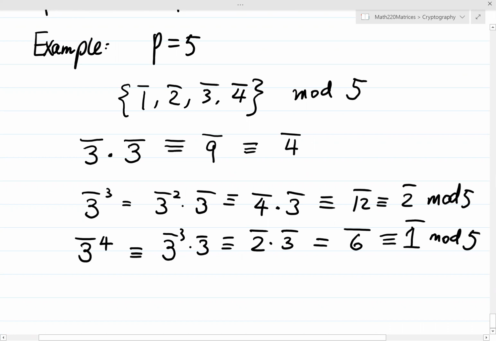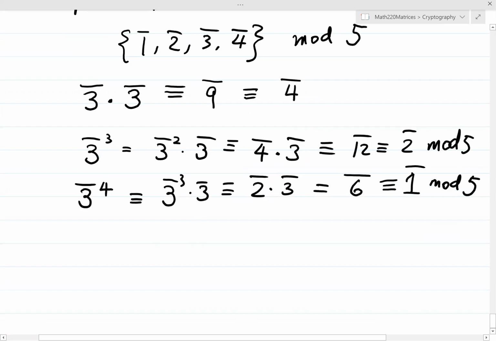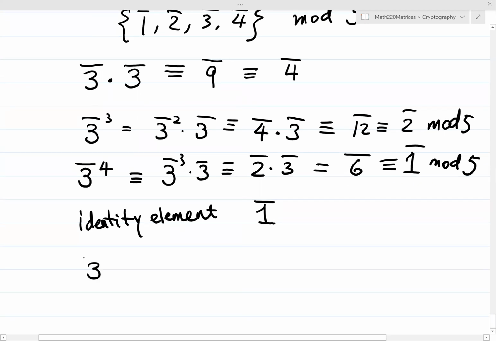So the unit here, the identity element, is 1 bar. If you multiply anything by 1 bar, it doesn't change. So 3 bar times 1 bar gives 3 bar. No change.